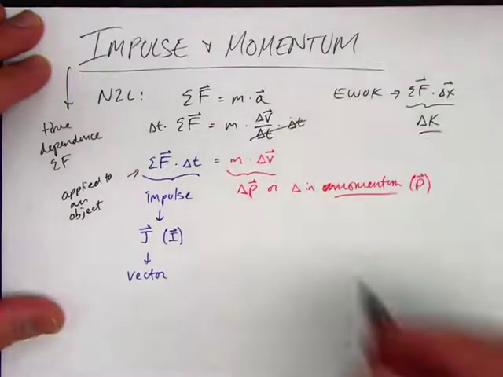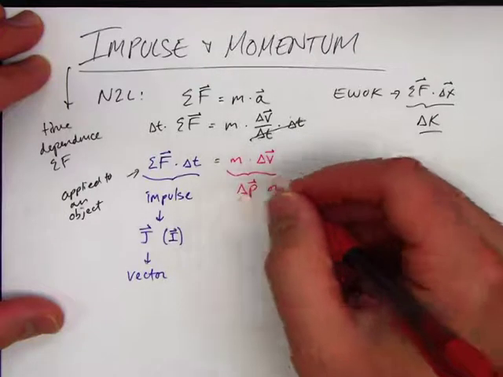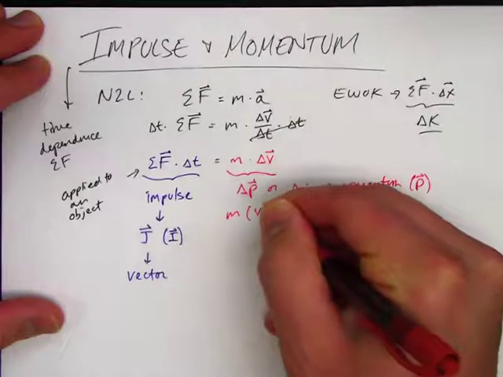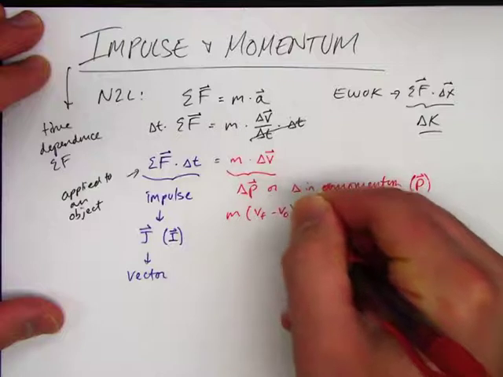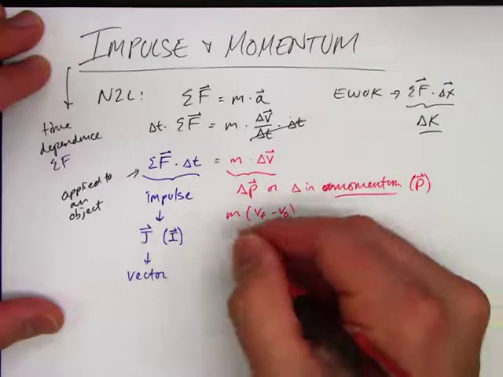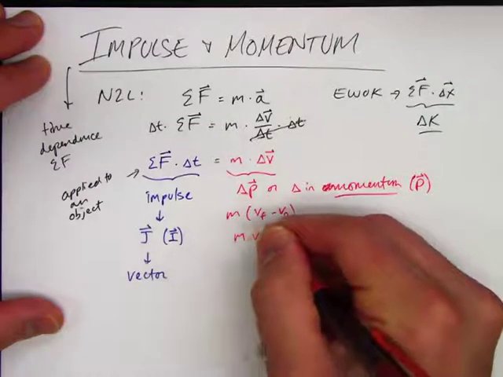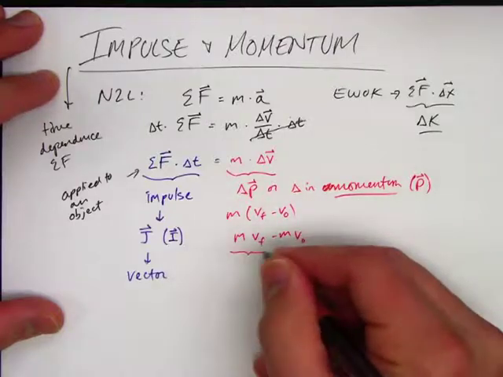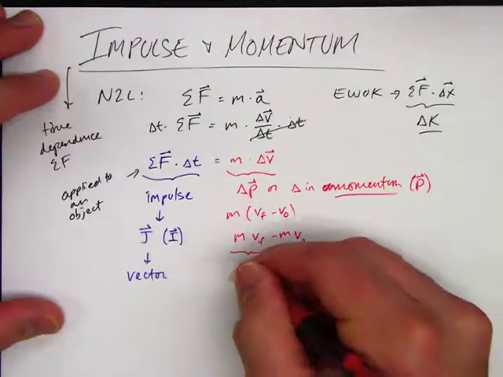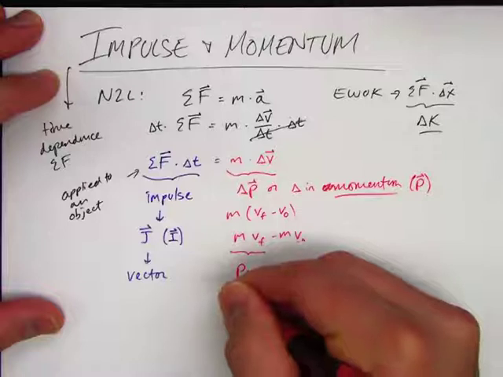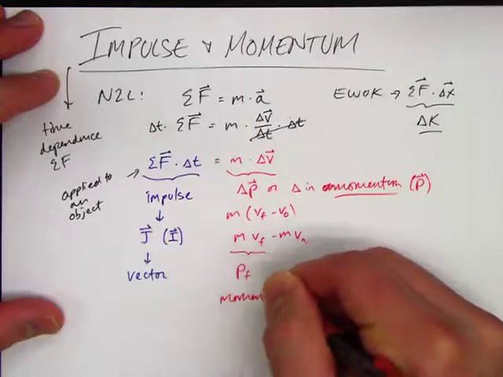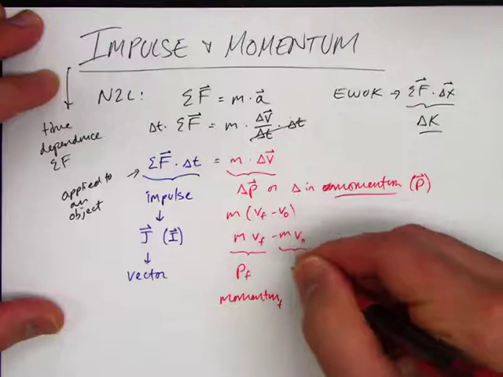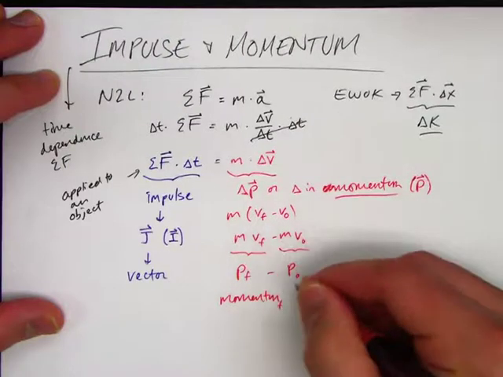Now how do we get change in momentum from here? Well, m times delta v would be m times v final minus v initial. If I distribute this out, this is m v final minus m v initial. And this is what we describe as the momentum of the object, momentum final in this case, and momentum initial.